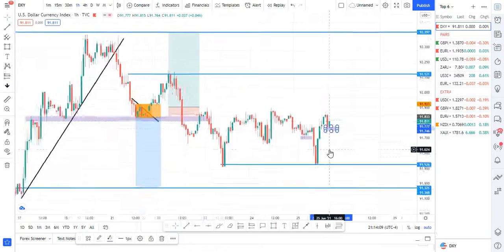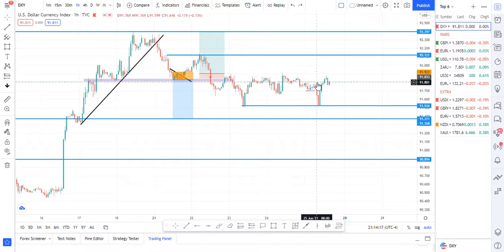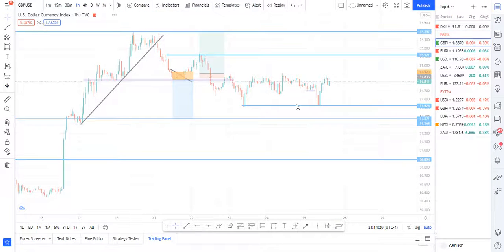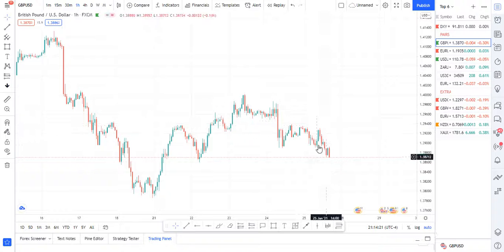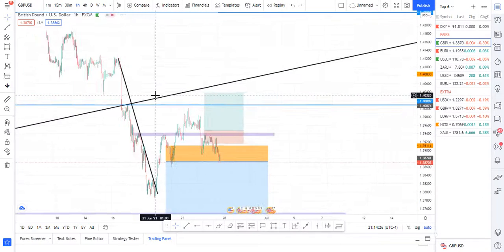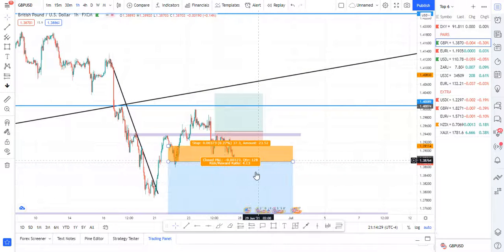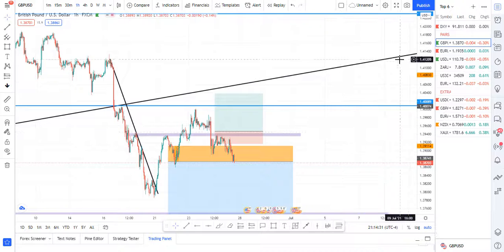So after it hits this support, we could expect it to go to the upside. Looking at that, it supports that the dollar is gaining strength. And by next week, when the market opens, this could be the trade we could be getting into for a sell.